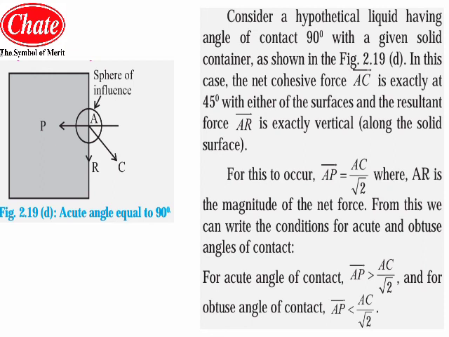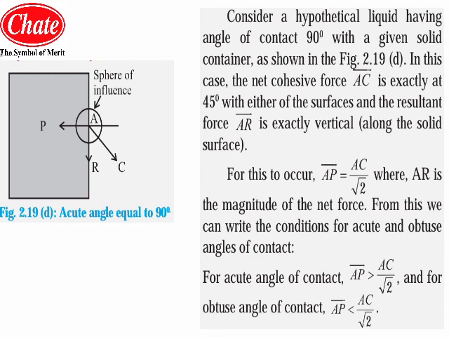Now from this we can write the condition for the acute and obtuse angle of contact. For the acute angle of contact, AP bar will be greater than AC upon root 2, and for the obtuse angle of contact, AP bar will be less than AC upon root 2. So these two conditions we can write here.